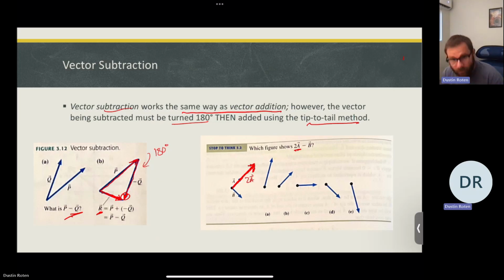Now I need to flip b 180 degrees, so it's going to point like this. So here's minus b. Now my final step is to find that resultant vector, which just starts from the origin and draws to the point where I end up.